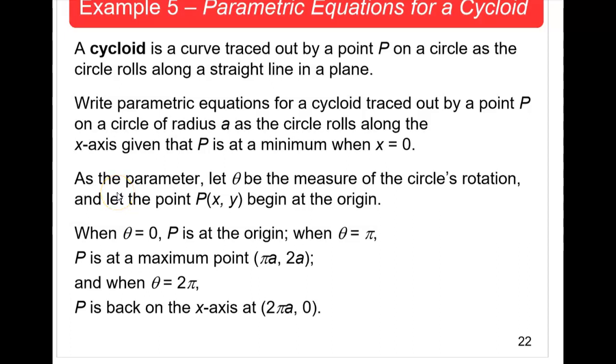And there is an image coming up that will make more sense. So as the parameter, instead of t, we're going to use the parameter theta, and that will be the measure of the circle's rotation. Let the point (x, y) begin at the origin.